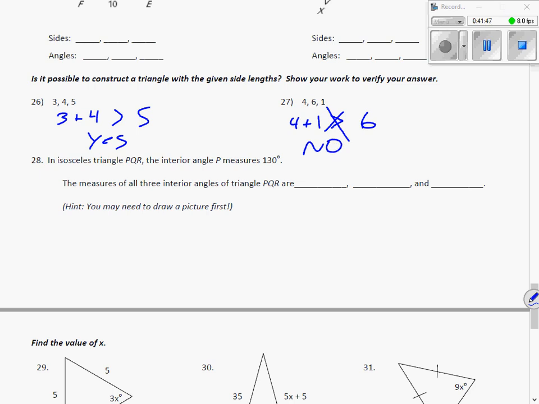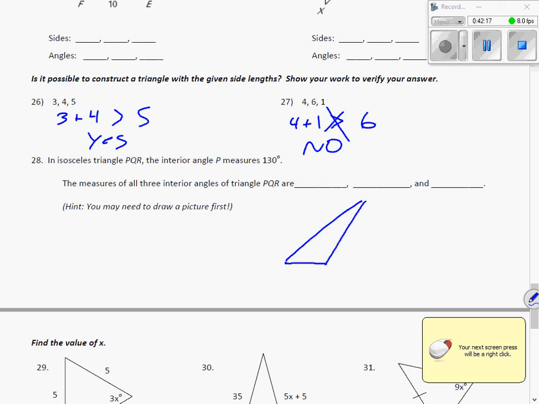The measurements of all three interior angles of triangle PQR. Where is PQR? Oh, an isosceles triangle, PQR. The interior angle P measures 130. Okay, so angle P is 130 degrees.